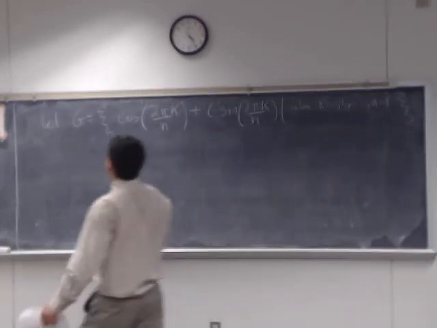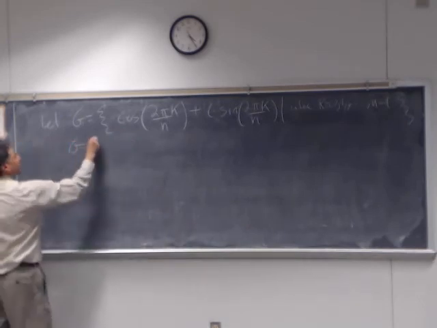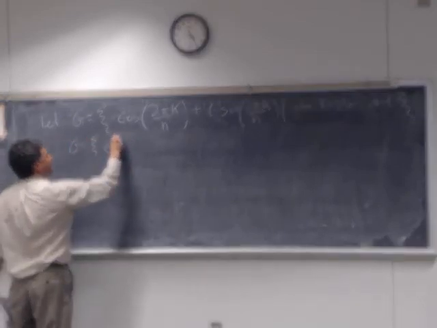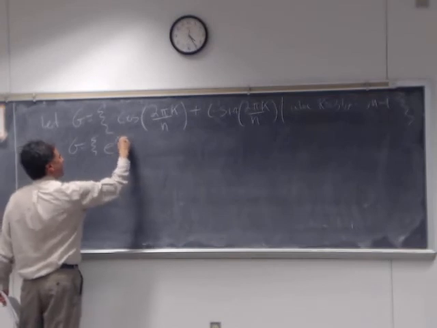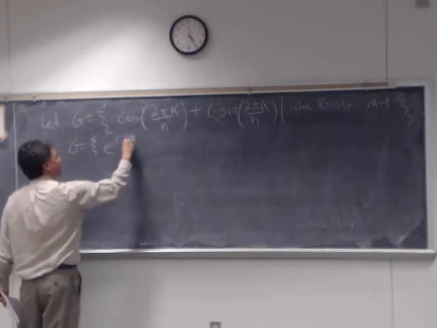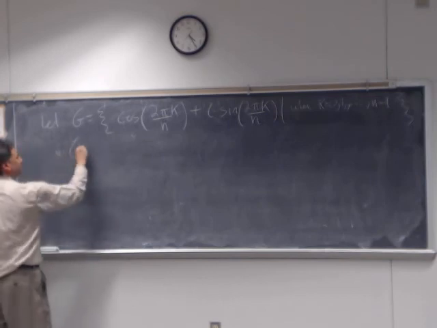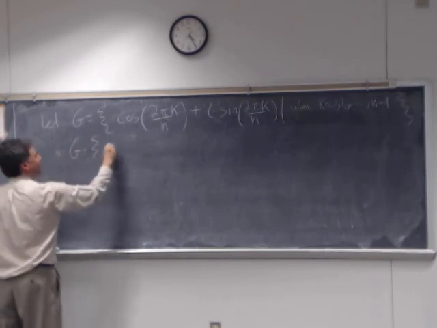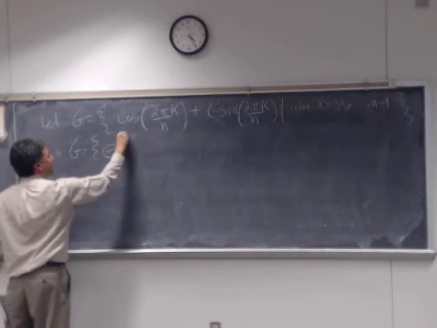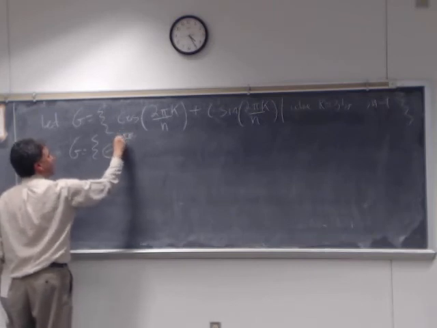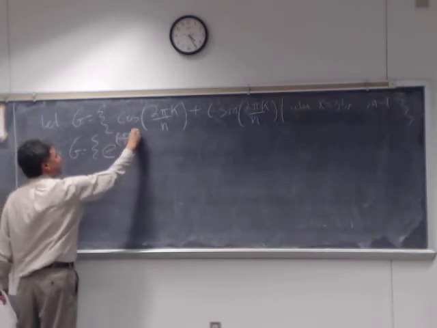And we can also use shorthand notation: we say e to the i 2 pi k over n. So G equals e to the 2 pi k over n times i.